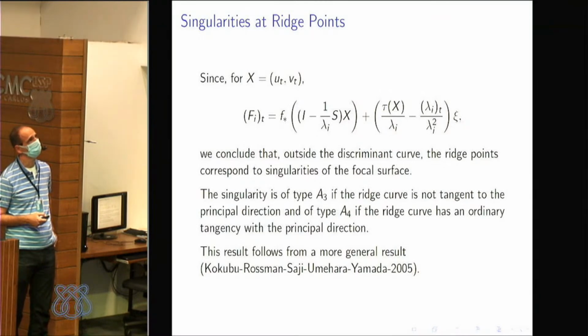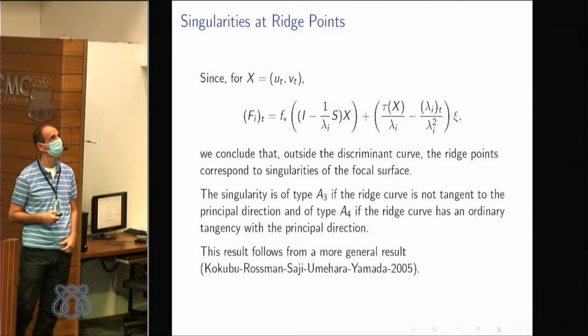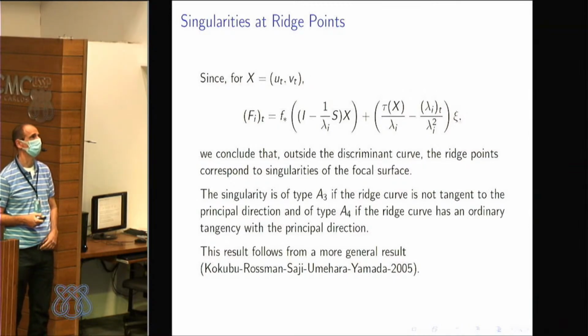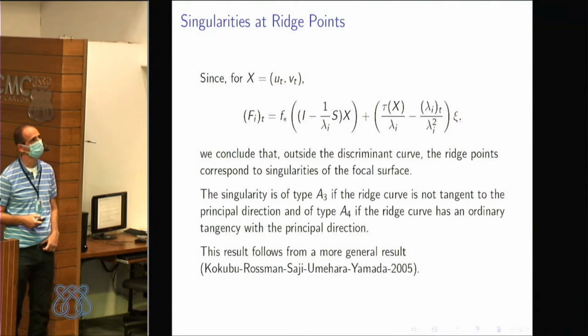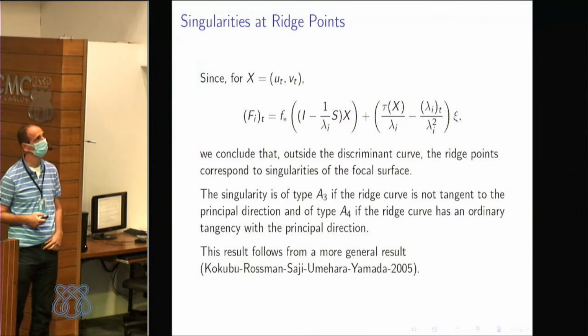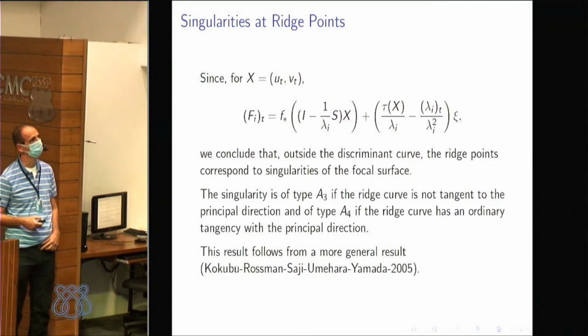By this easy calculation, outside the discriminant curve, the ridge points correspond to singularities of the focal surface. The singularity is of type A3 if the ridge curve is not tangent to the principal direction, and of type A4 if the ridge curve has an ordinary tangency with the principal direction.